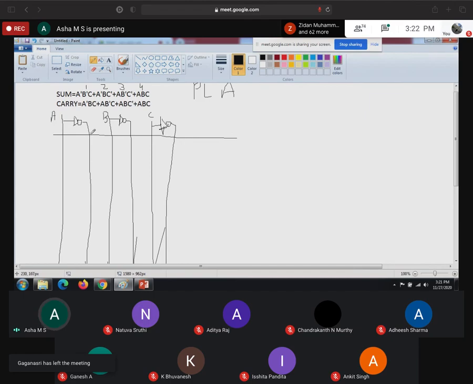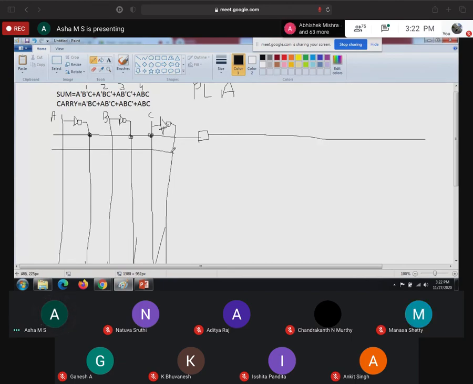What is the first product? A bar, B bar, C. We have to use a dot here. A bar, B bar, C is connected to the AND gate, so this gives the first product.